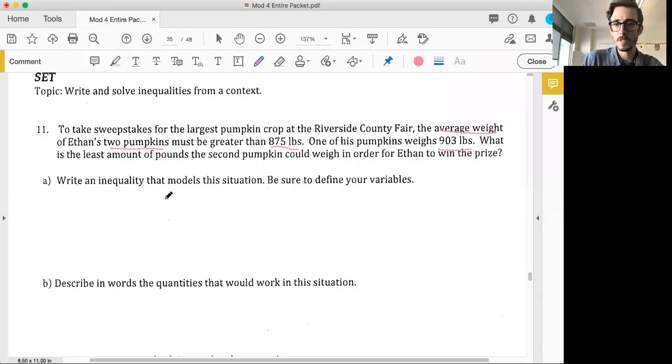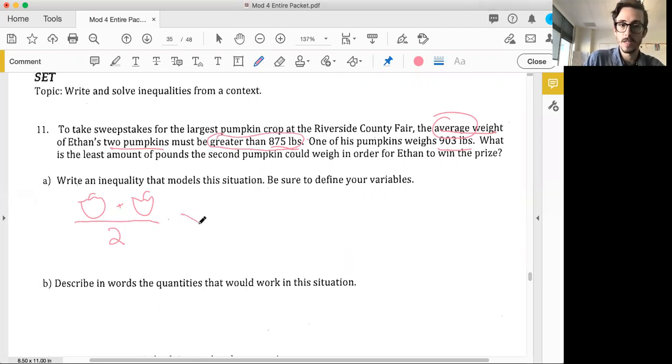So you should have been saying something to the effect of how, if you're taking an average, you know that you have 2 pumpkins here. And I'll kind of illustrate this first before I dive into it. So you have the 1 pumpkin, and you know that if you add that with the other pumpkin, and notice we have 2 of them, so we have 2 versions of the pumpkin, we know that this must be greater than 875 pounds.